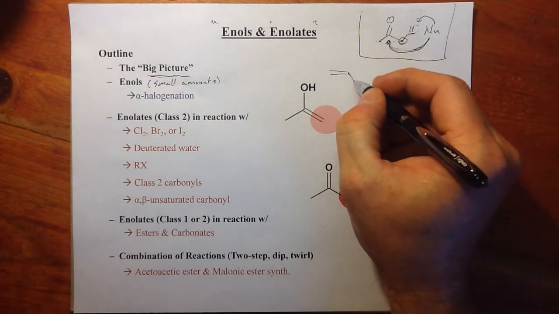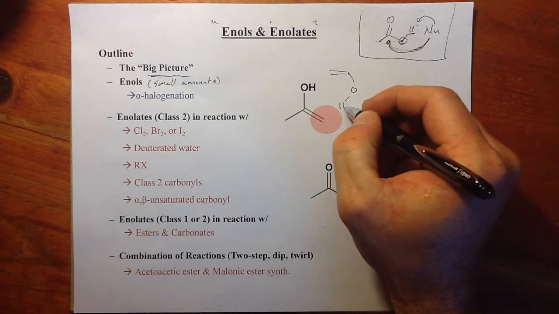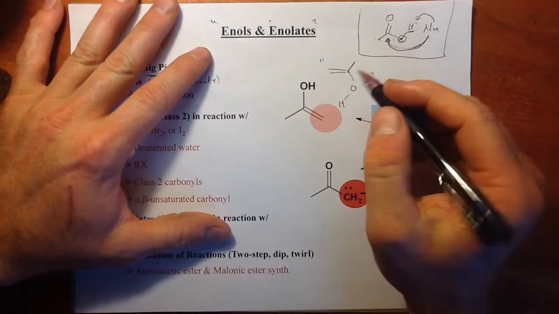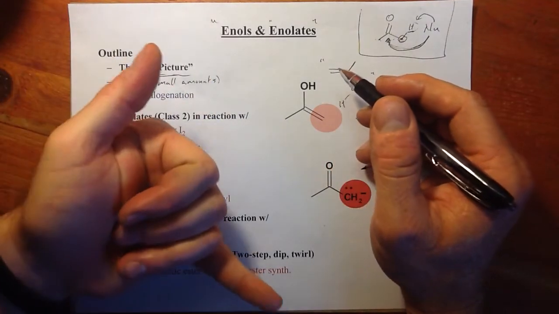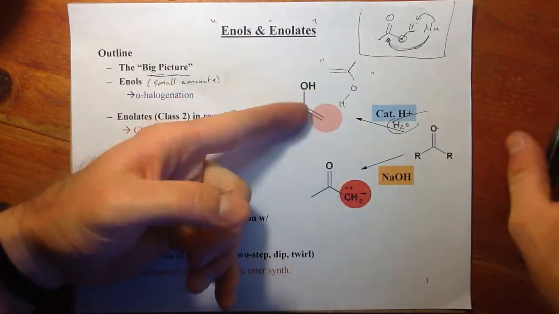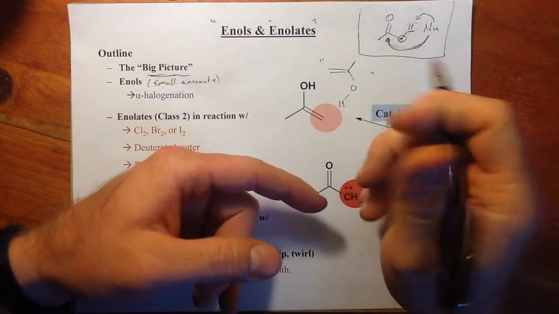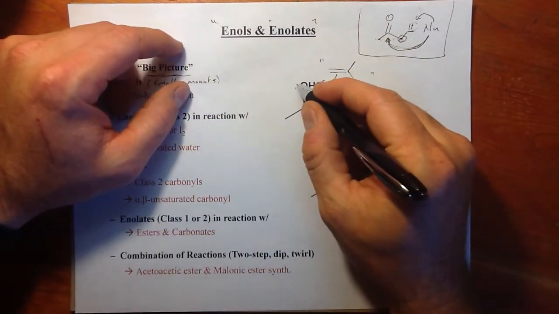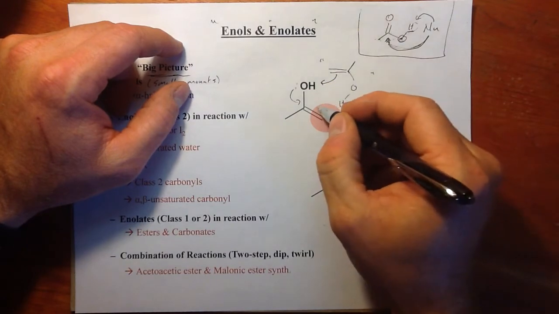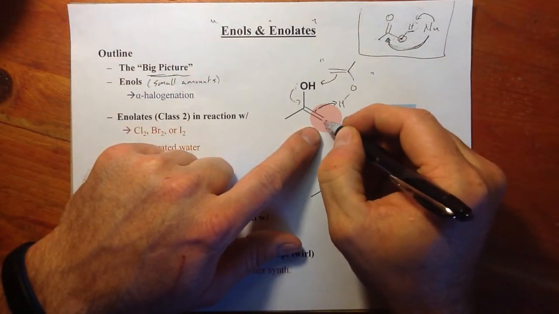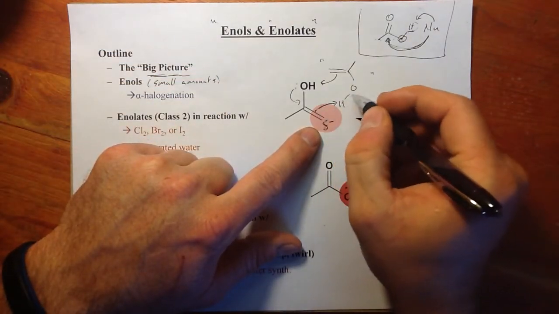We could take another one of these molecules, if we had no acid, and we could propose a thumb to pinky, pinky to thumb interaction, wherein the pi electrons reach out and grab this proton while the lone pairs drop back down. The pi electrons reach out and grab this proton because, remembering from enol chemistry, this carbon here is partially negative, so this makes sense.